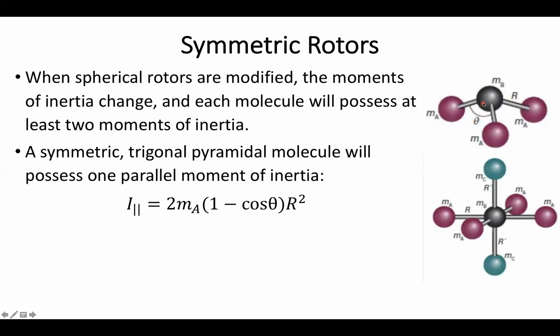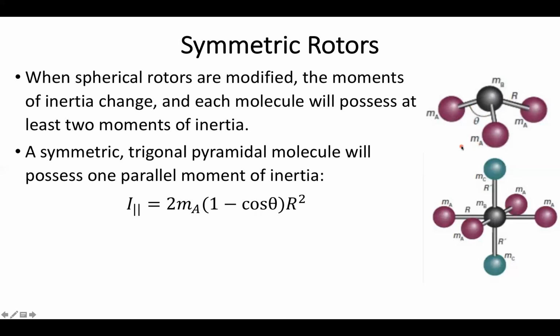So here, my rotation is slightly shortened because I'm not existing 1 full bond length away from the center of atom. It's just a little bit less. So we correct for this using 2 times 1 minus cosine theta, where theta is the bond angle.